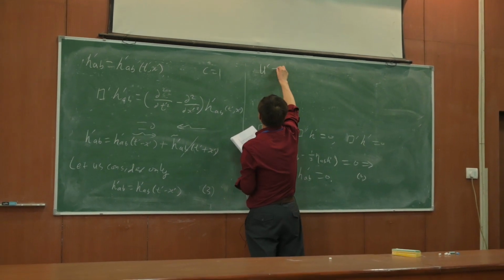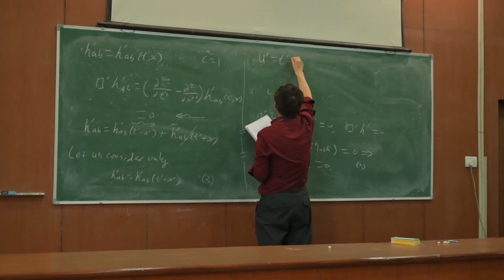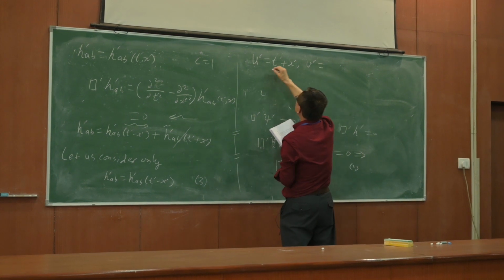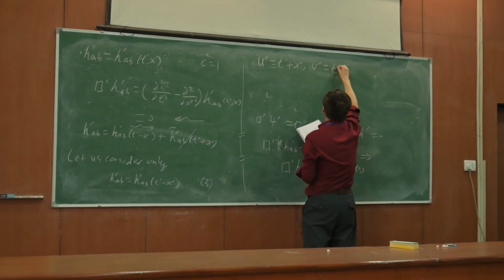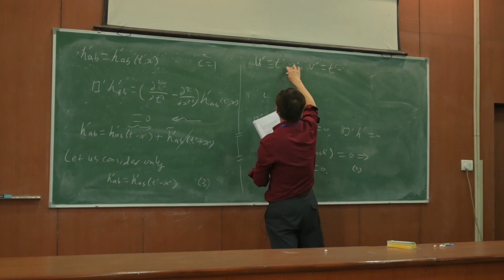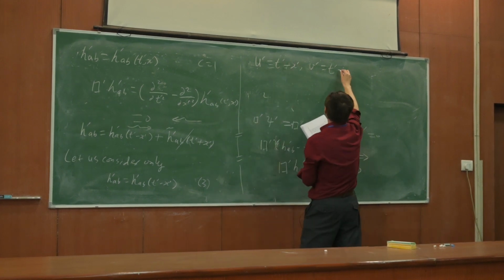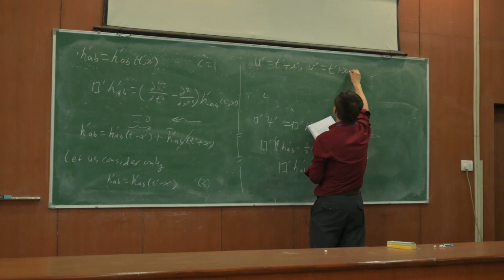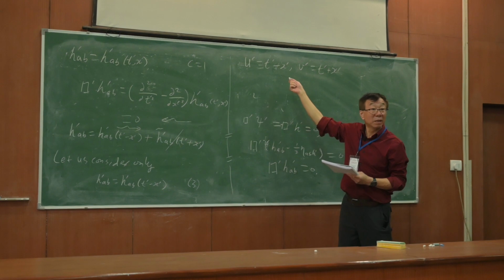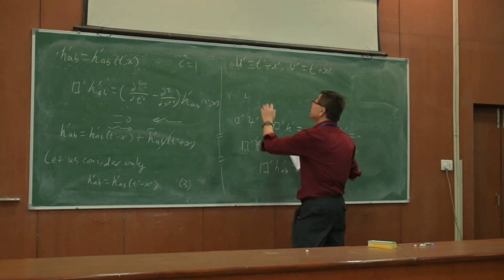I define u prime as t prime minus x prime and v prime as t prime plus x prime. So instead of using t prime, x prime, I'm using u prime and v prime.